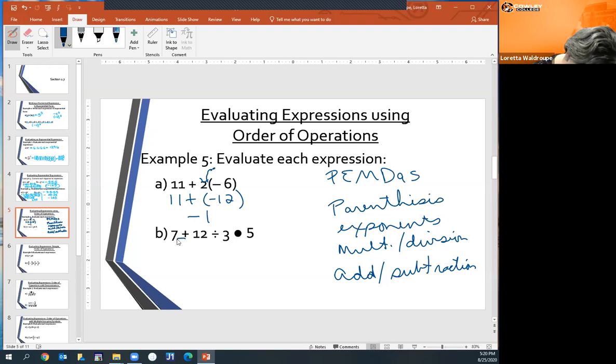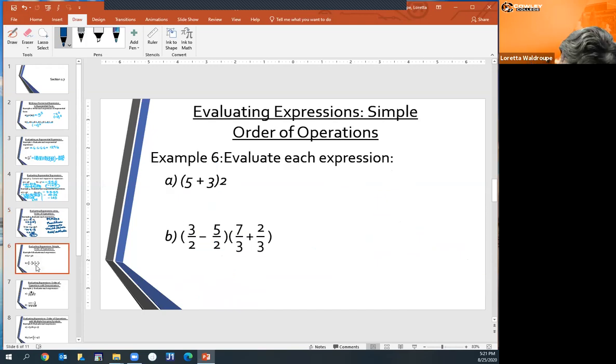Okay, addition, division, or multiplication. Multiplication and division comes before addition, and you do it in the order it appears. Since the division is first, we divide first. Okay, and then 4 times 5 is 20, and 7 plus 20 is 27.